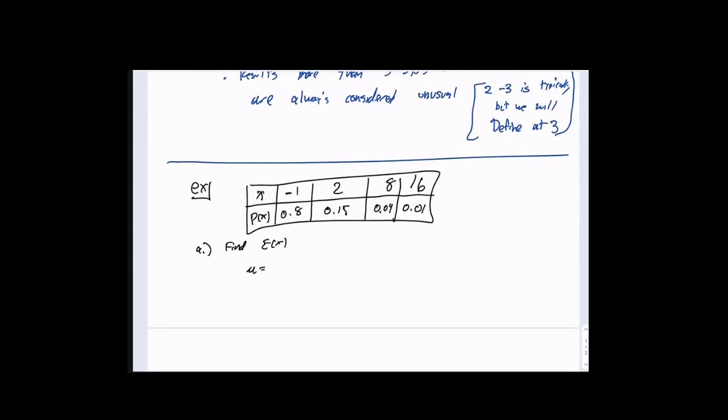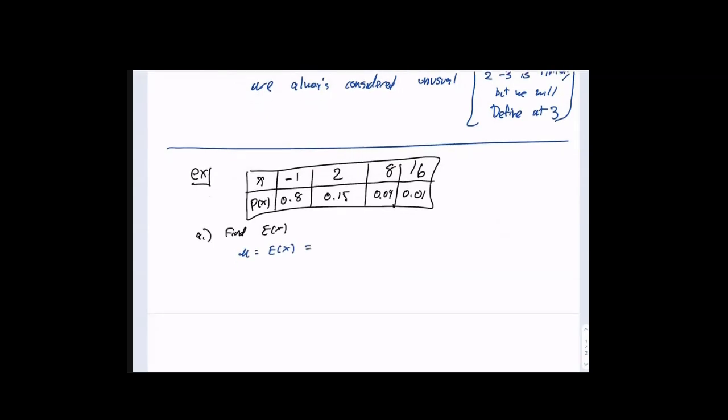So the mean, which is the expected value of x, is -1 times 0.8 plus 2 times 0.15 plus 8 times 0.04 plus 16 times 0.01, which gave me what? What did it give me?